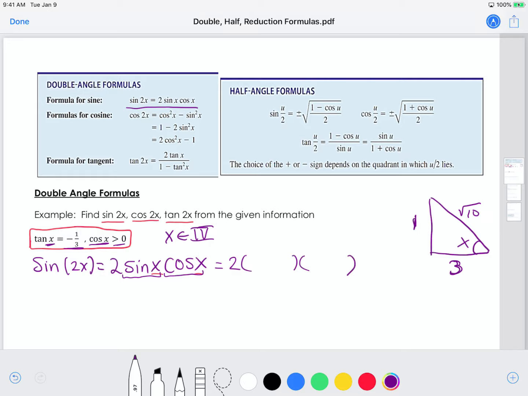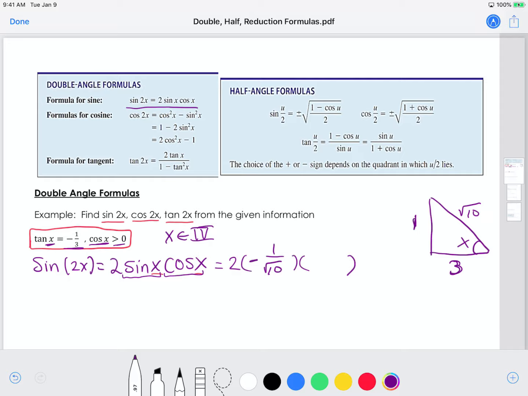Now sine x in the fourth quadrant is going to be negative. So when I look at my triangle, sine is opposite the angle over the hypotenuse, so 1 over the square root of 10, and I want to make sure that's negative because we're in the fourth quadrant.